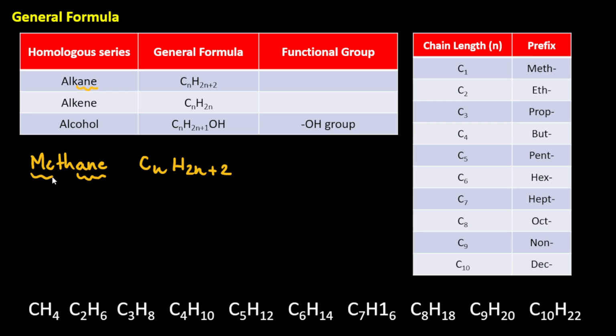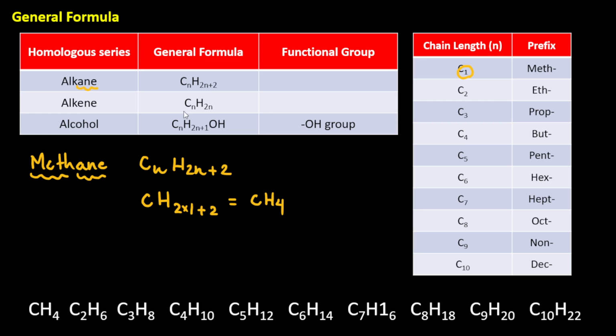Since it's meth, our prefix tells us that there's only one carbon. So we're going to replace n with 1. So this will be C1, but since it's 1, we're not going to write it, and H2 into 1 plus 2. So we will get CH4.